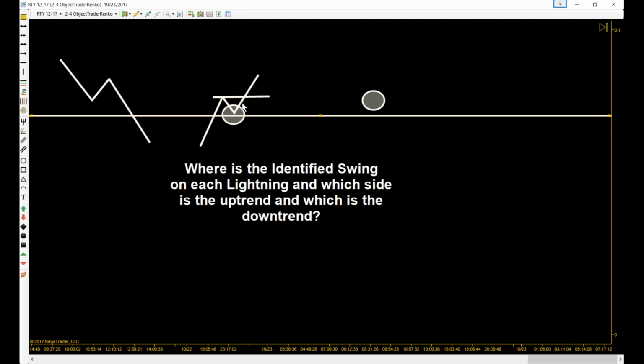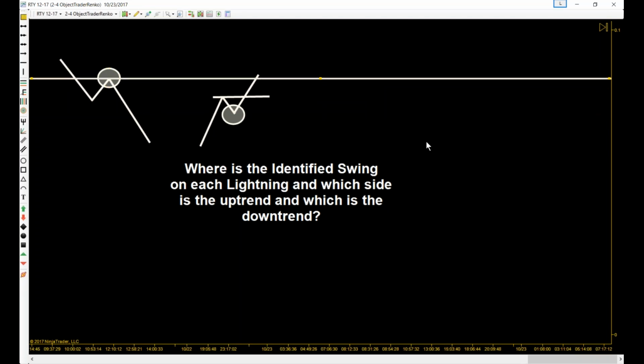Everybody see that? So if you're looking at this chart and you're doing the opposite over on the other side, you have a high, you have a low. You don't know this is a lower high until it takes out this swing. So obviously the identified swing on this chart is right there. And that's really absolutely as basic as it gets, but it will make a world of difference in your trading.